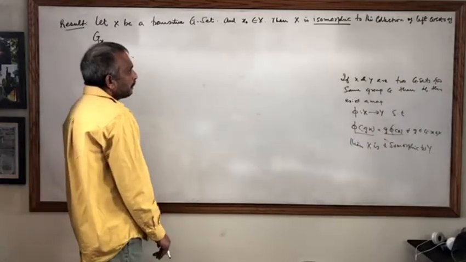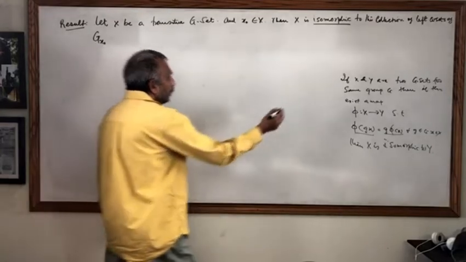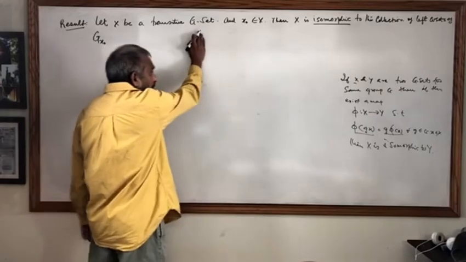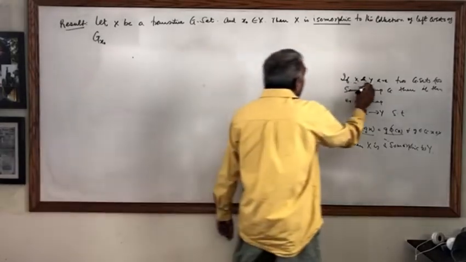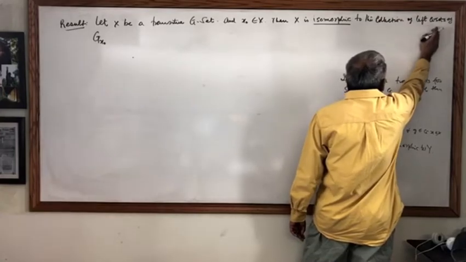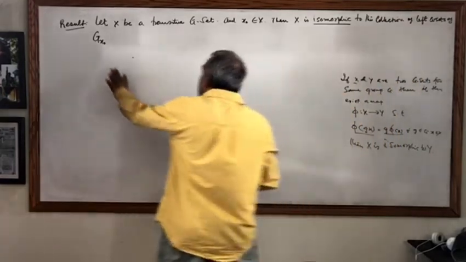But here X is given, X is a transitive G set. Y is the collection of all left cosets of Gx0.